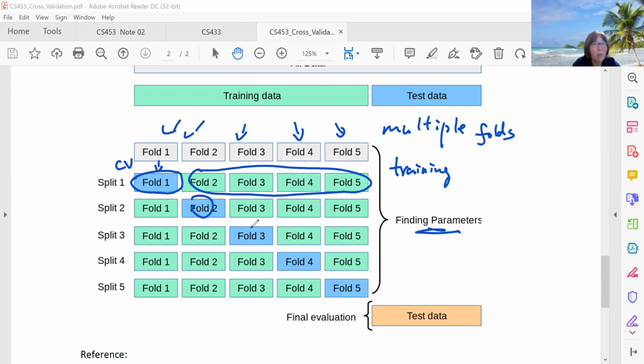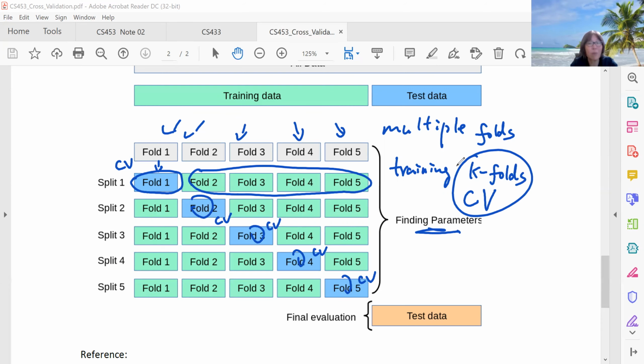You keep doing this for each of the folds, using it as cross validation when you tune the parameter. This is the idea of k-fold cross validation. It's also quite straightforward.